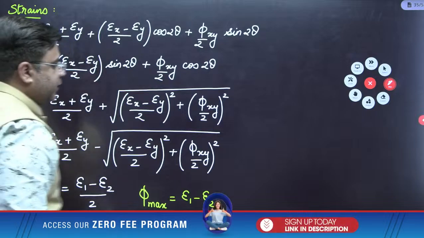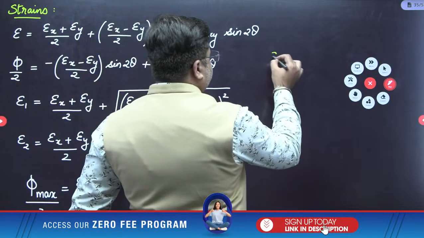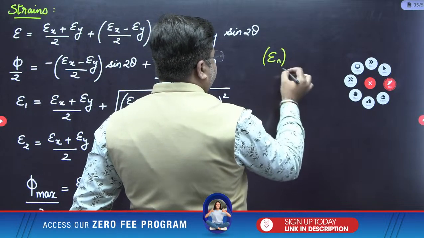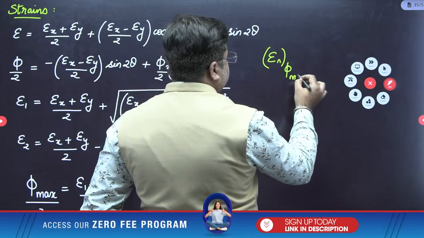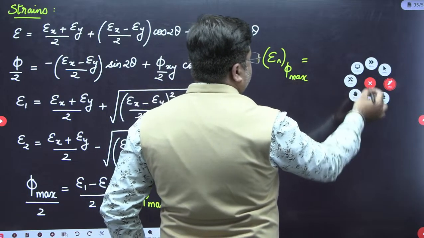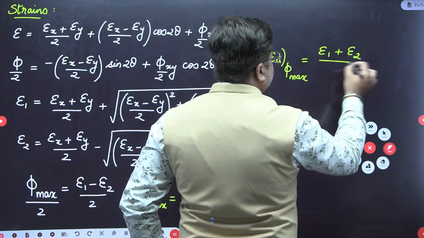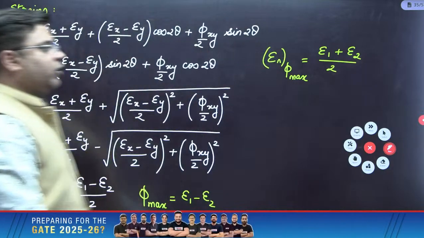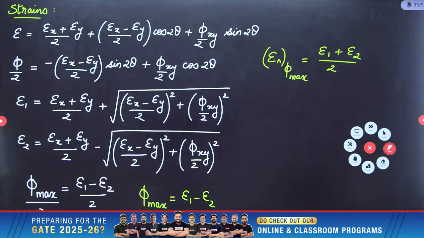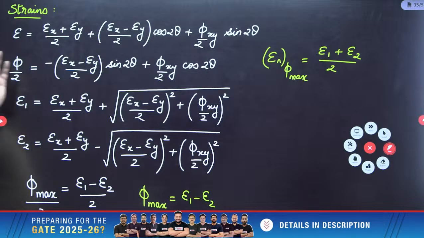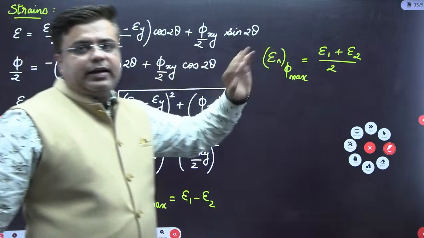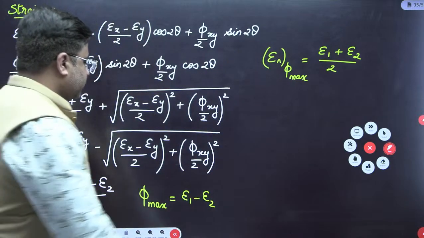And the last one here is the normal strain on the plane of phi max, which is equal to epsilon 1 plus epsilon 2 by 2. So these are all the values of strain that can be asked in your examination. Let's move ahead with this.